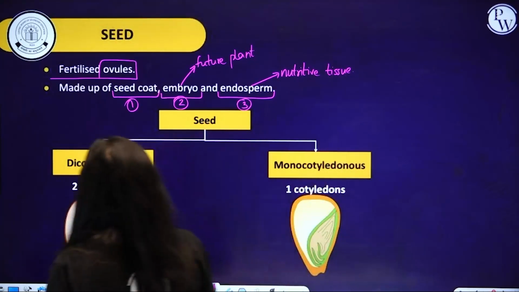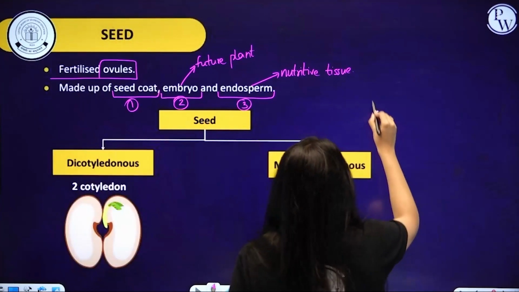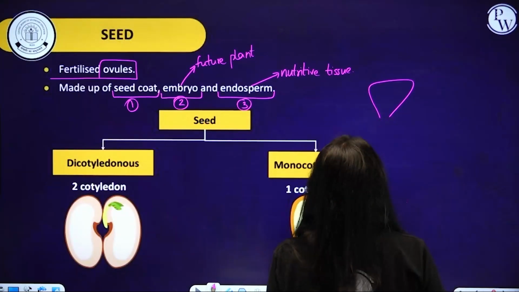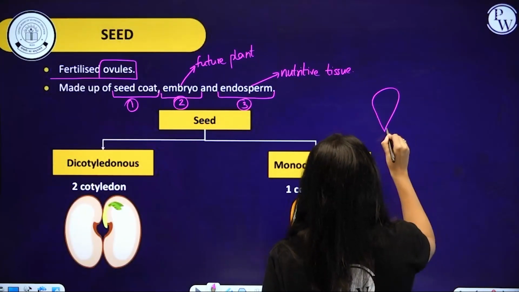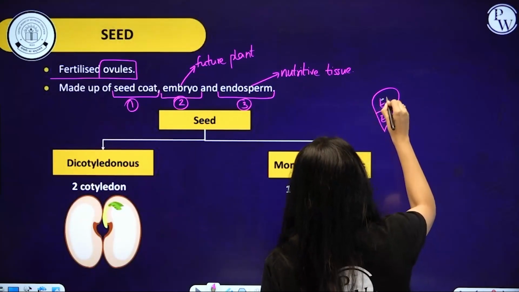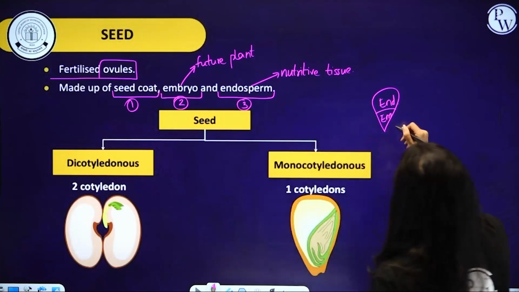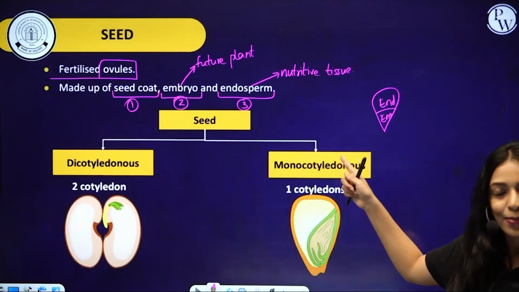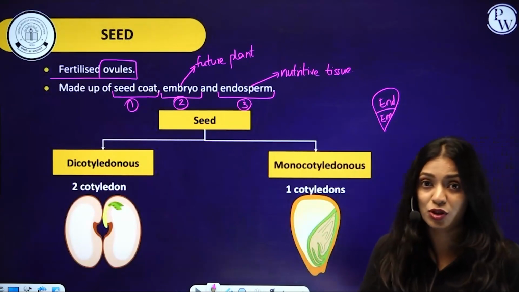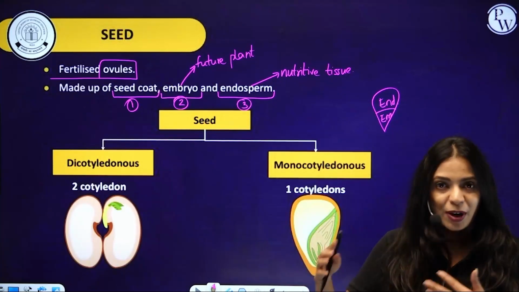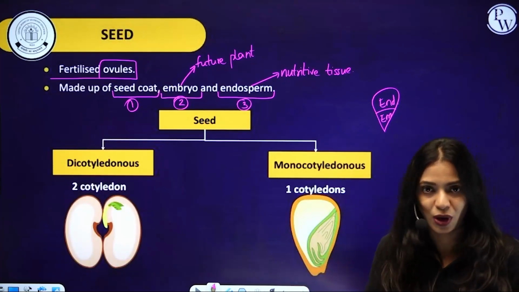Now, within a seed, let's say this is one seed, you will have the embryo and the endosperm. This embryo will develop into the future plant. When the seed has to germinate, the epicotyl, hypocotyl, radicle, and plumule have to come out.